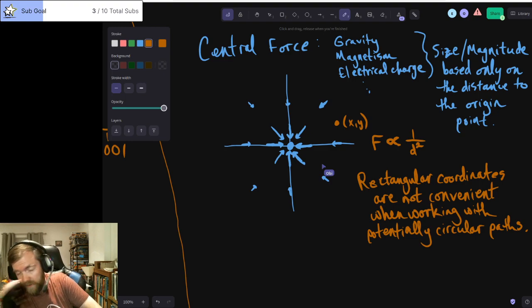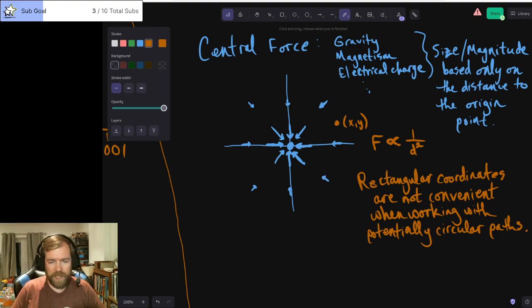And at that point, you'd want to say, I don't really want to work with x and y, because that ends up being a complicated non-function, at least non-function y in terms of x. We could probably come up with a better coordinate system in which this all simplifies.